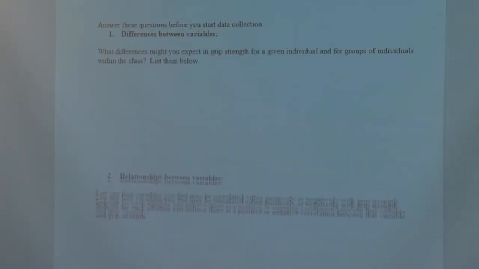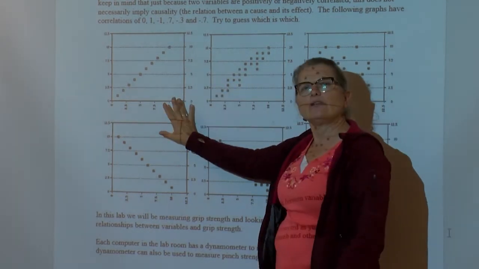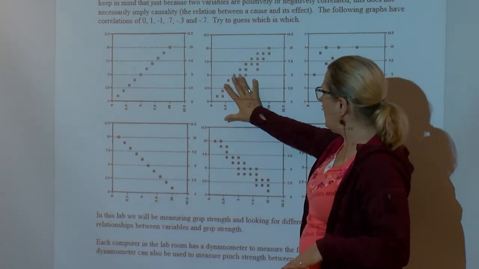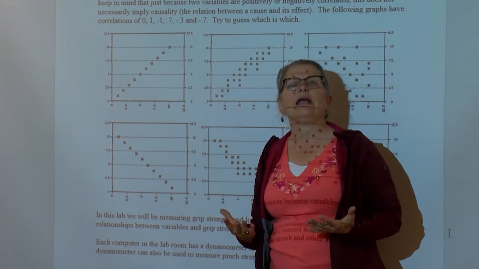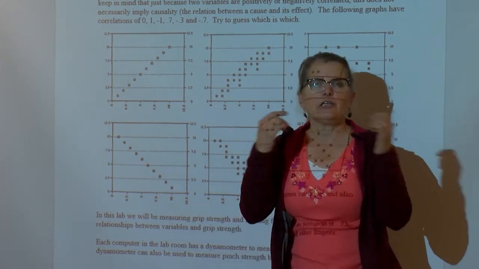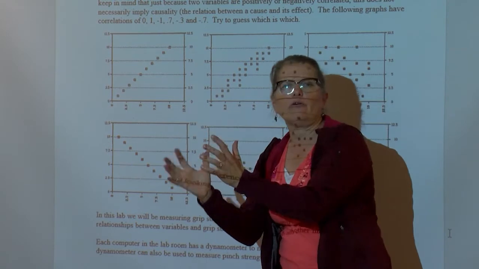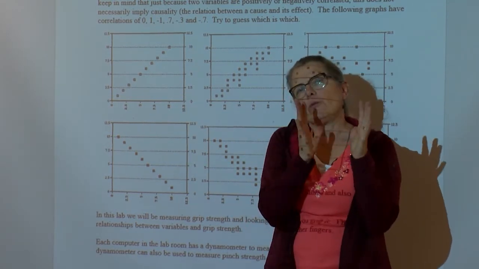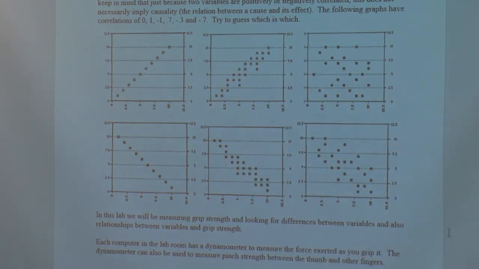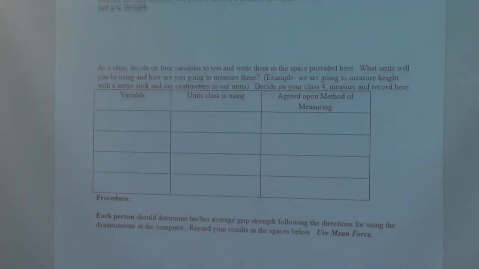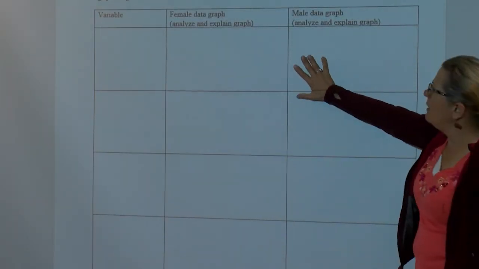Remember the correlations from before. Do the graphs that we made show any relationship or any kind of correlation between age and grip strength, or between the wrist size and grip strength? So there's 4 graphs. You're going to look at those graphs. Do they relate to this correlation? That is what you're going to look at.